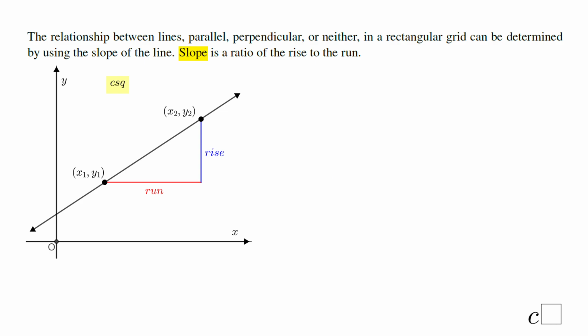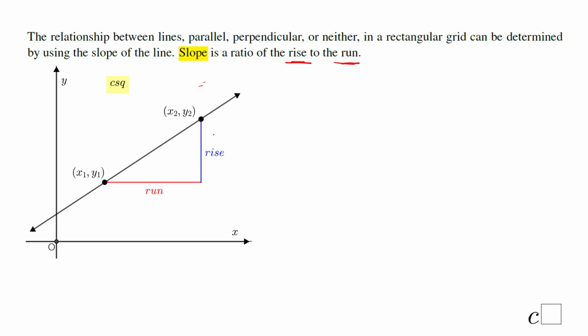In this lesson we'll talk about slope on the first part, or a little bit here on this slide, and also we're going to talk about parallel and perpendicular lines in the rectangular plane. The first thing you see here is the slope. The slope is the ratio of rise over run, as I said here.